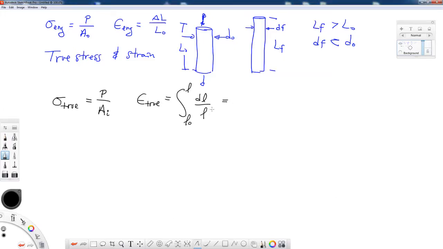what we end up with is a natural log of L over L naught. So L is the instantaneous length, and L naught is the same as what I had called capital L naught before. It's the original length.